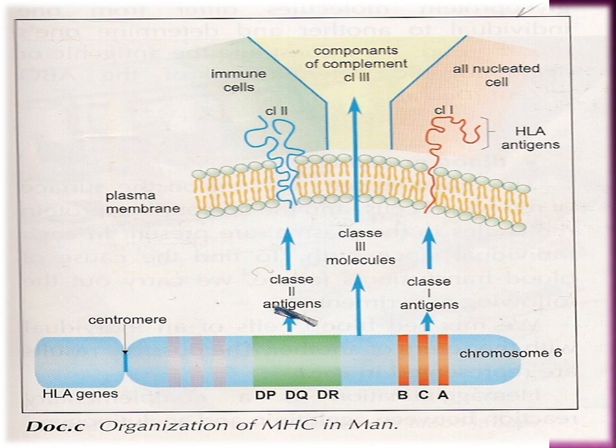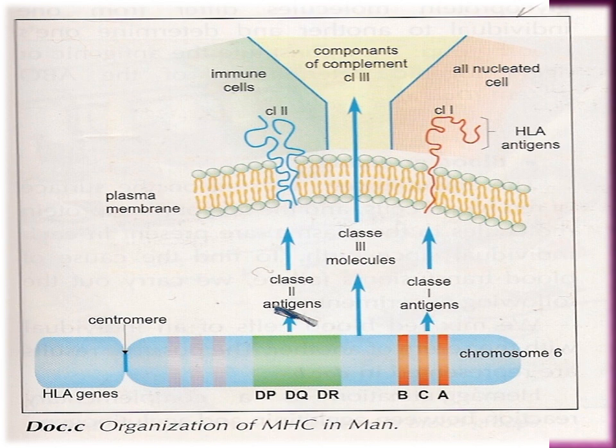These loci are divided into two groups, class 1 and class 2. Class 1 antigens are expressed by 3 loci B, C, A. This BCA codes for one polypeptide protein, which forms a polypeptide chain that attaches to the plasma membrane of the nucleated cells.